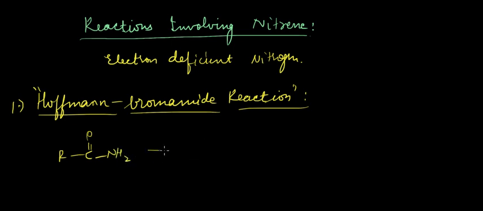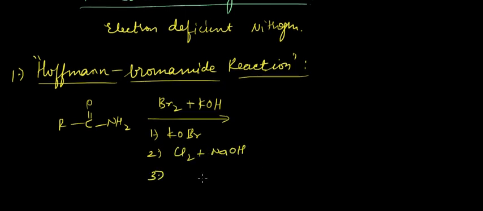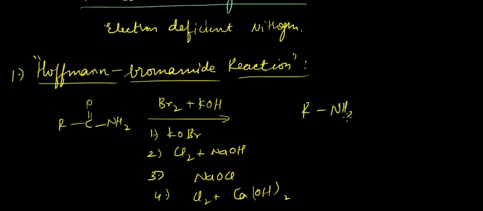Amide group on reaction with either Br2 plus KOH, or you can also take KOBr, you can also take Cl2 plus NaOH, you can also take NaOCl, we can also take Cl2 plus calcium hydroxide. All these reagents will convert the amide into amine.